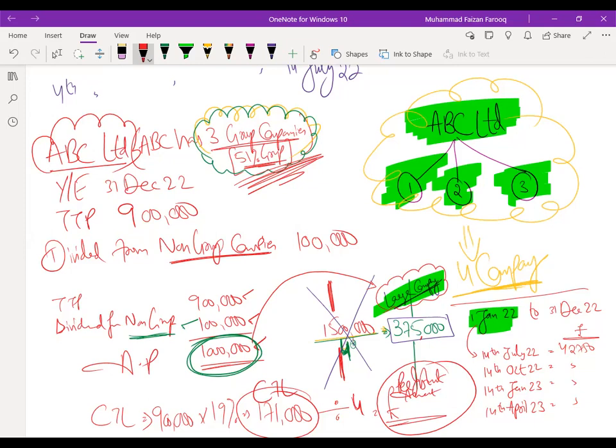So ABC is a large company. So its corporation tax liability, which is 171,000, has to be paid in 4 equal installments. One installment amount you just told me is 42,750, and the dates will be from the beginning of the year, 7th, and then 3 months each. That's what we discussed.